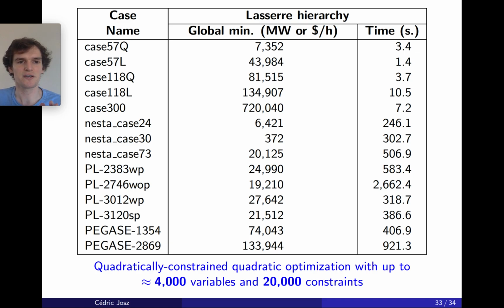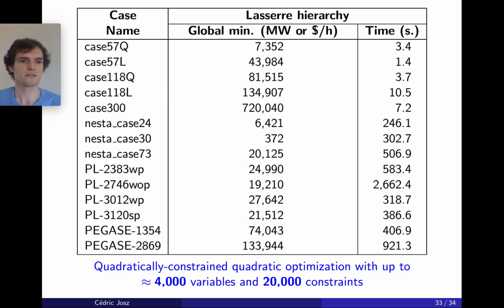So you see on the left here, you have a bunch of different test cases. These are a bunch of benchmarks. Some of them come from the US grid, and others come from the European grid, as I just showed you. The PL is for Polish, and Big As is a bunch of different countries, mostly in Western Europe. What I'm showing you in the middle column is the global minimum.